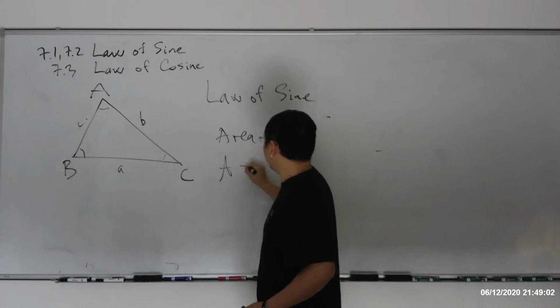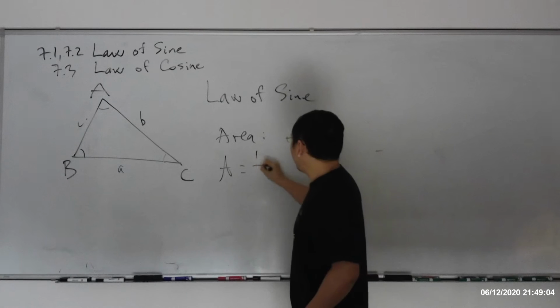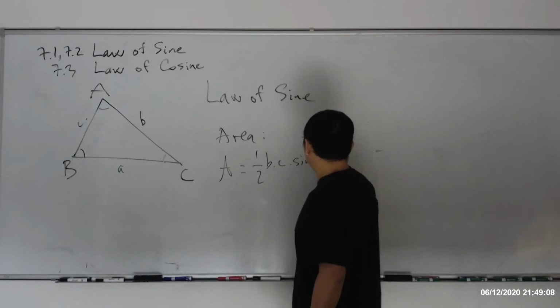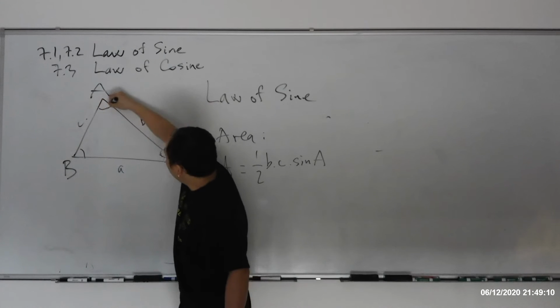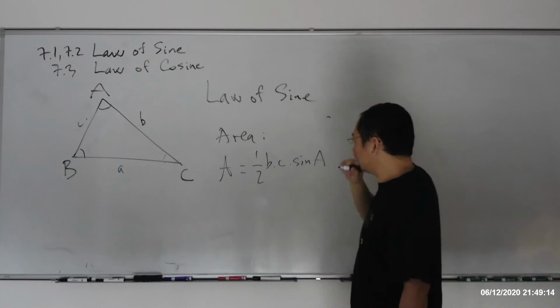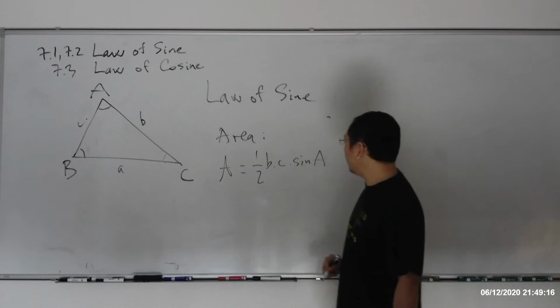The area of the triangle is 1/2 of B times C times sine of the angle A. So if you know the angle and the two lengths adjacent to the angle, then you'll be able to find the area.